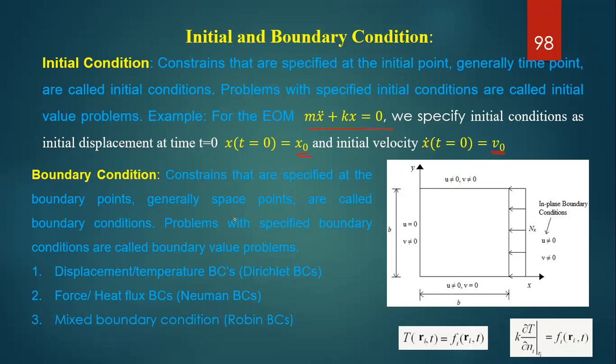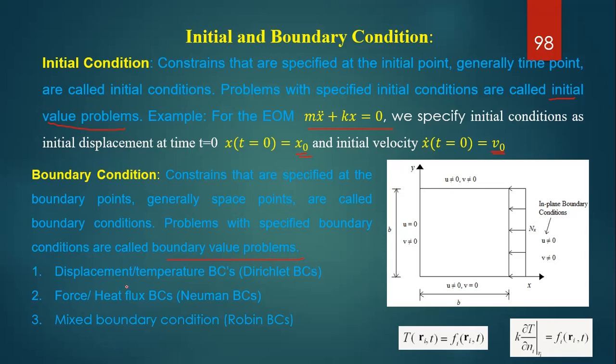Generally, space points are called boundary conditions. Problems with specified boundary conditions are called boundary value problems. In the case of initial conditions, they are called initial value problems, and here they are called boundary value problems.